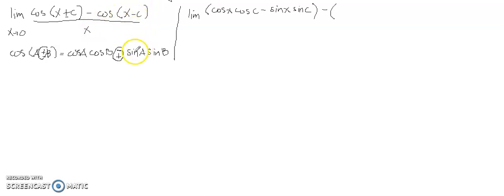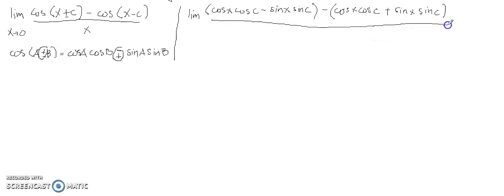So, kung minus yan, so magiging plus naman siya dito. So, cosine x times cosine c, okay, magiging plus sine x times sine c divided by x as x approaches 0.